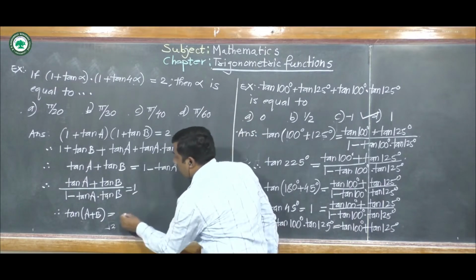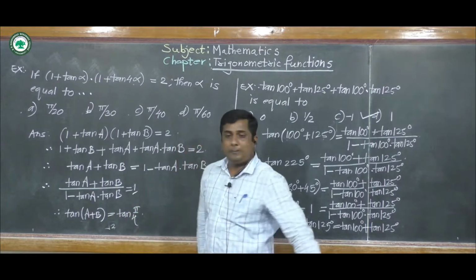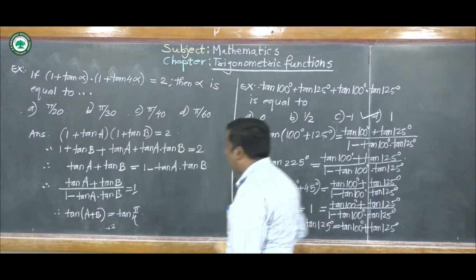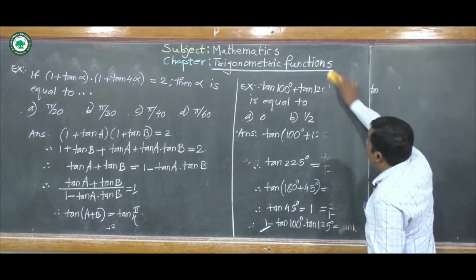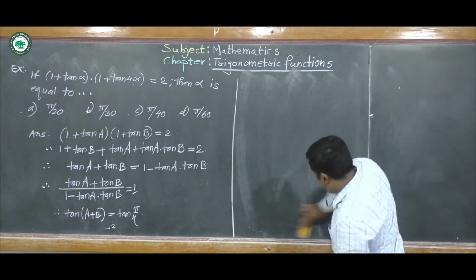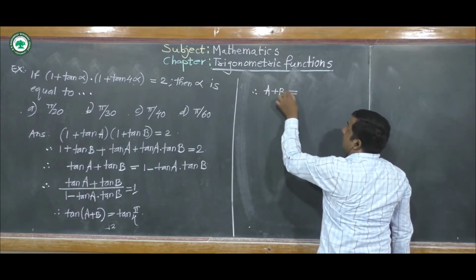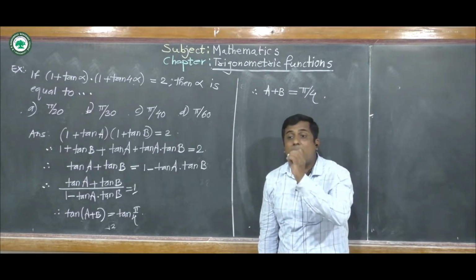So we replace this 1 by tan pi by 4. If we compare both sides, we get A plus B, and A plus B is pi by 4. So in the next step I write A plus B is equal to pi by 4.